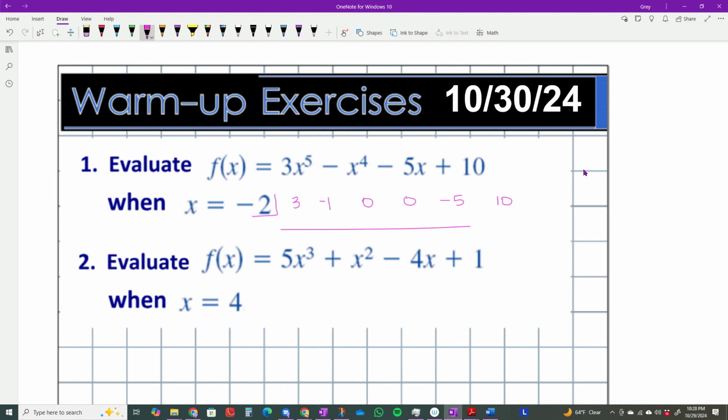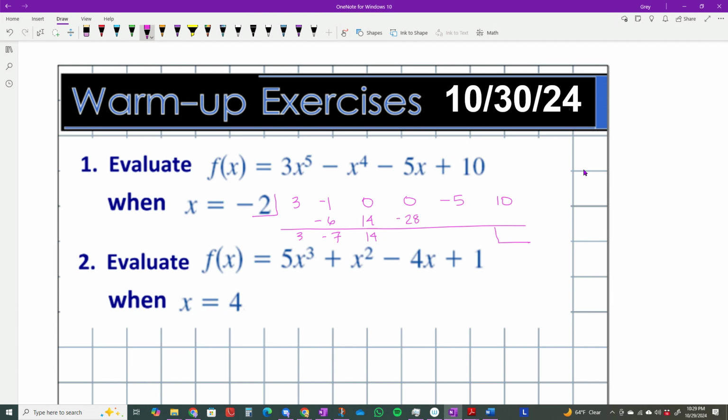And what if I do synthetic division with that? Well, remember we bring down the 3. 2 times 3 is 6. Add, and that gives me a +5. Okay, I messed up. -2 times 3 is -6. That would make that -7 because I was missing that negative sign. -2 times -7 is 14. Add, I get 14.